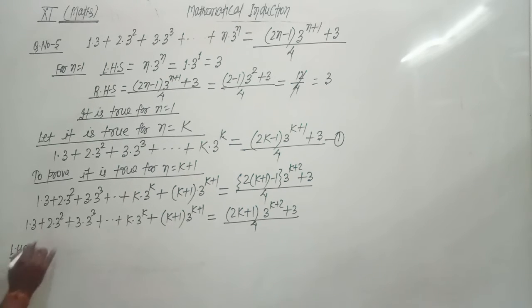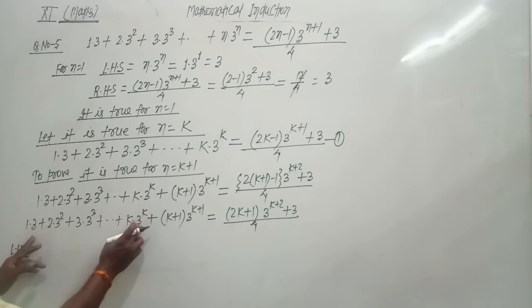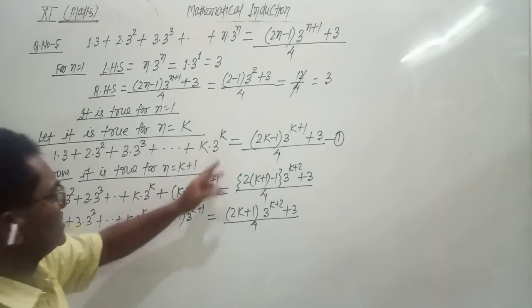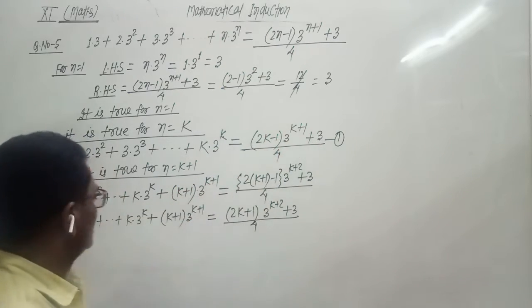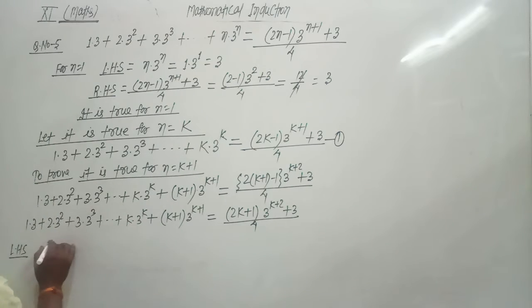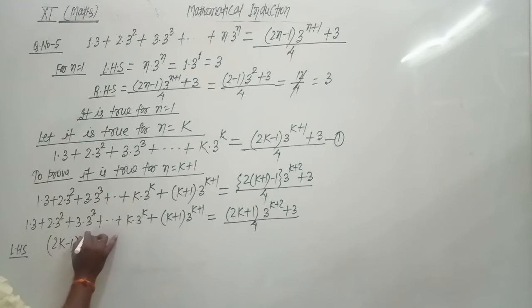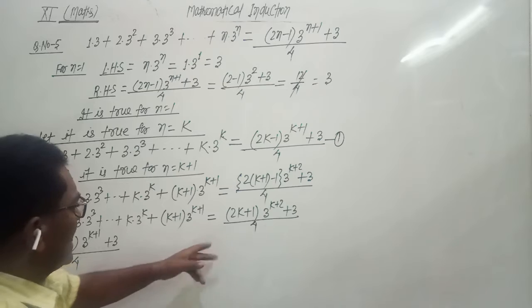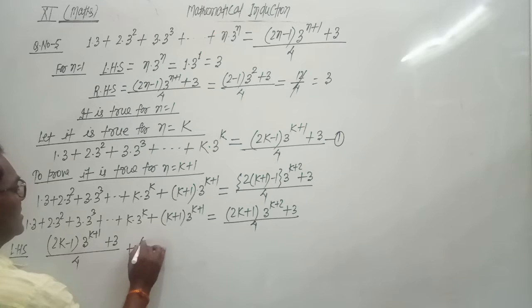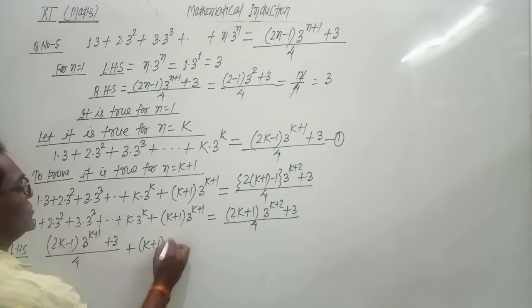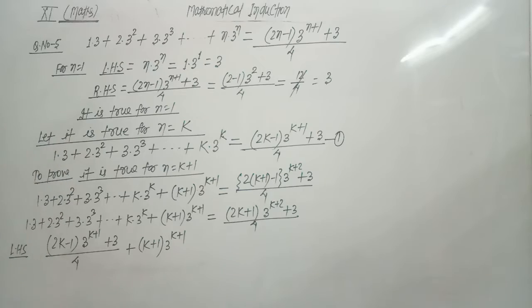For LHS, up to k into 3 raised to the power k, from equation number 1 up to this term, we can write the RHS. So up to this, we will write (2k minus 1) into 3 raised to the power k plus 1, plus 3 upon 4. And this last term would be written plus (k plus 1) into 3 raised to the power k plus 1.